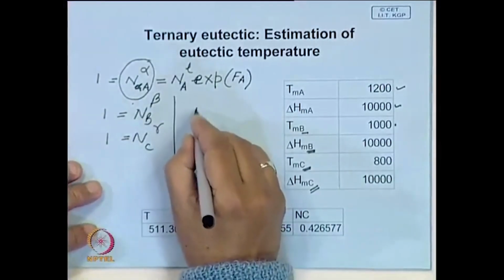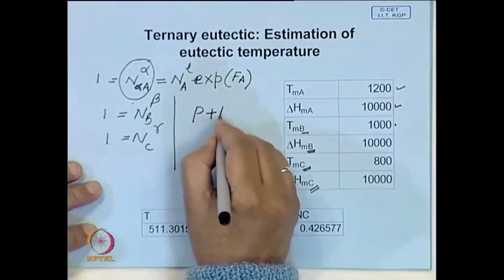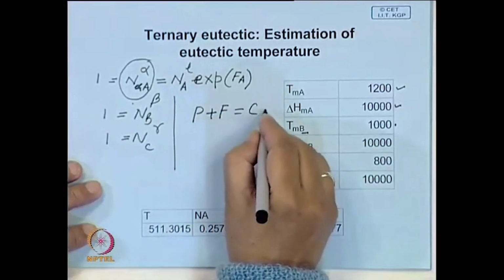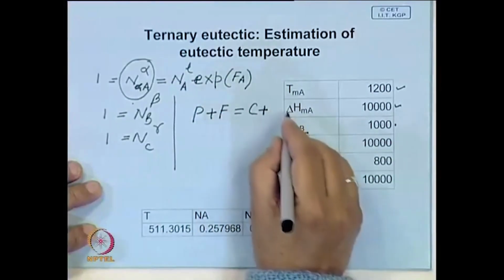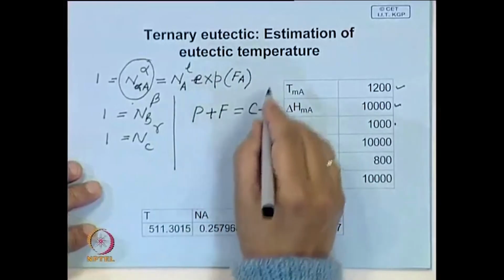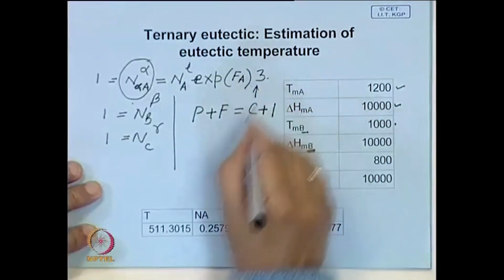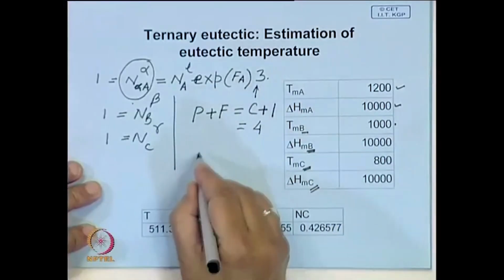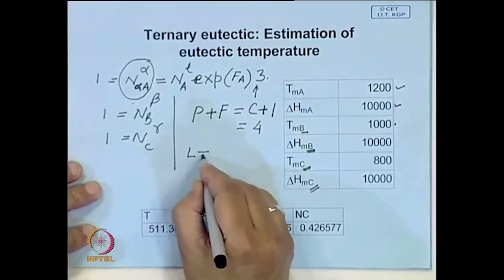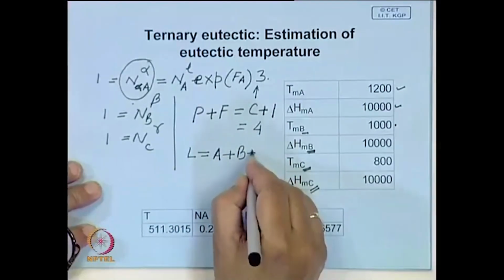If you apply the phase rule, we have seen that P plus F equals C plus 1. So, here the number of components is 3, so this is equal to 4, and here the liquid breaks down into a mixture of 3 solids.